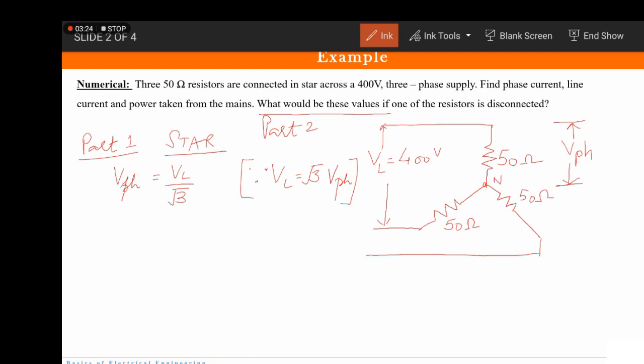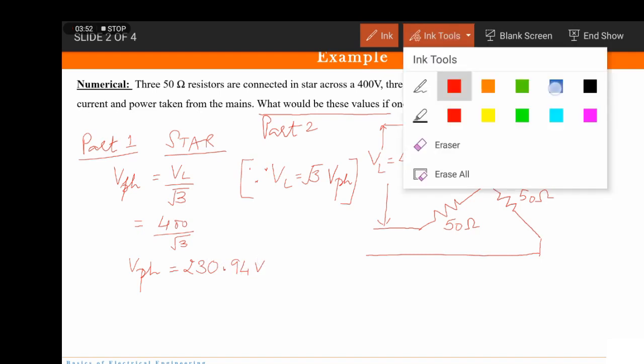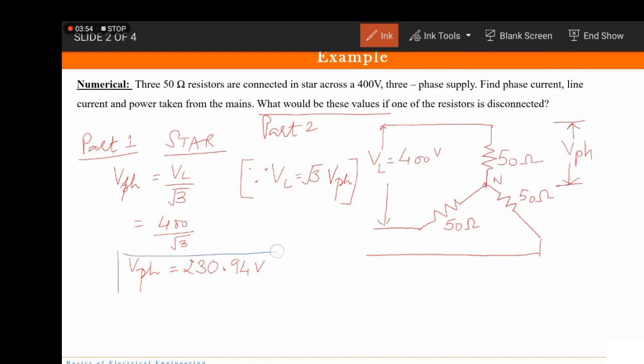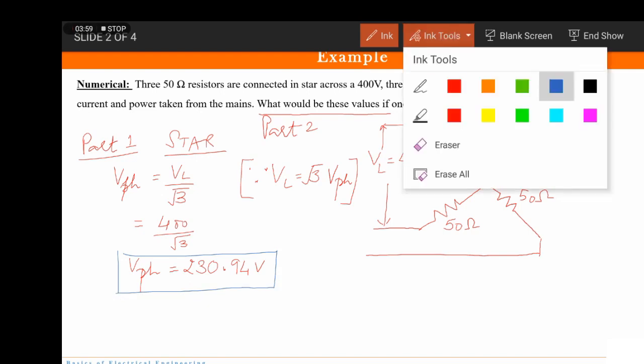So from that we calculated the phase voltage which is equal to line voltage upon root 3. Now what is the line voltage? 400 volts divided by root 3. So the very first thing we get is the phase voltage, which when we divide by the square root of 3, comes out to be 230.94 volts.